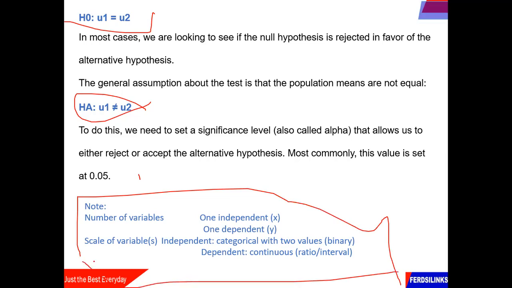you must always look out for is that you have at least one categorical independent variable. I repeat, one categorical independent variable. You must have at least one categorical independent variable.